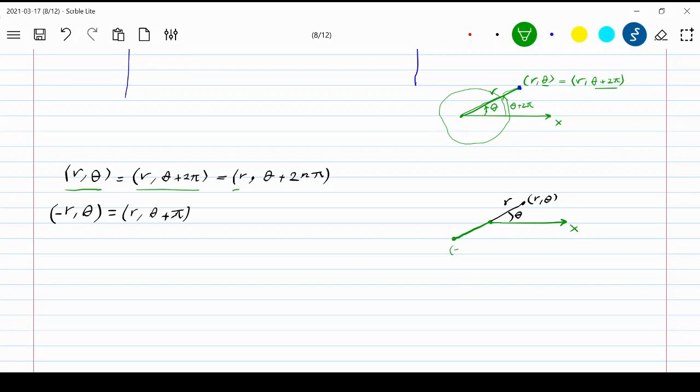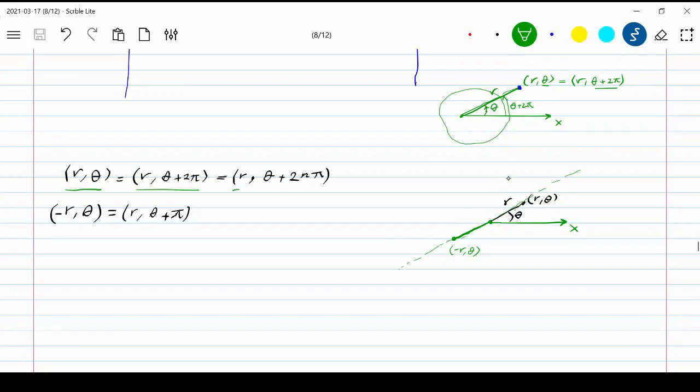So this would be negative r and theta. Instead of being in the first quadrant, it would be in the third quadrant for negative r and theta.